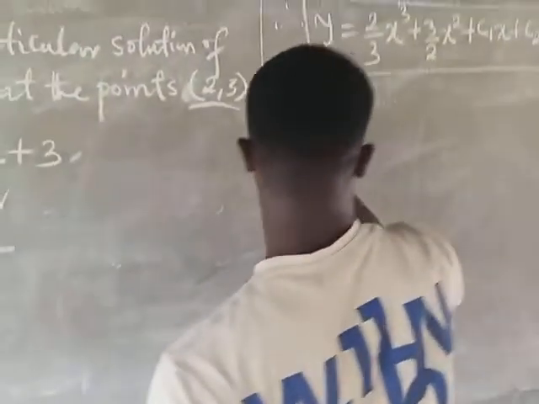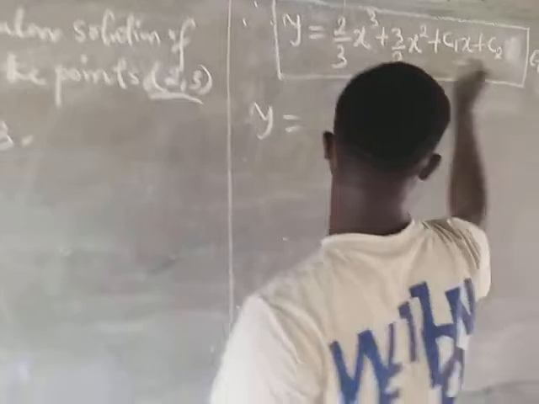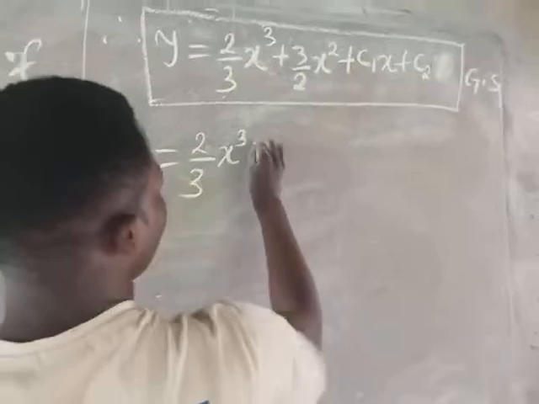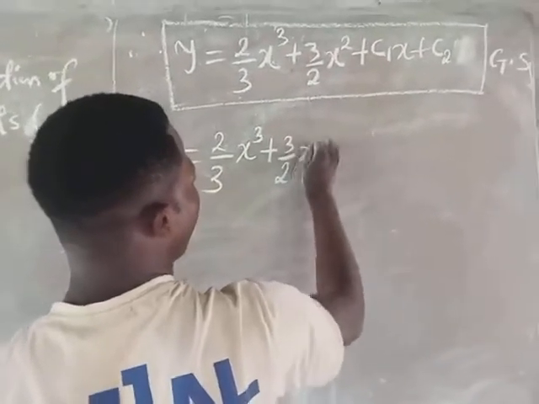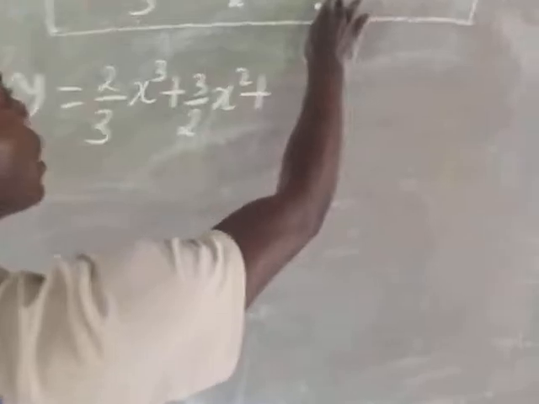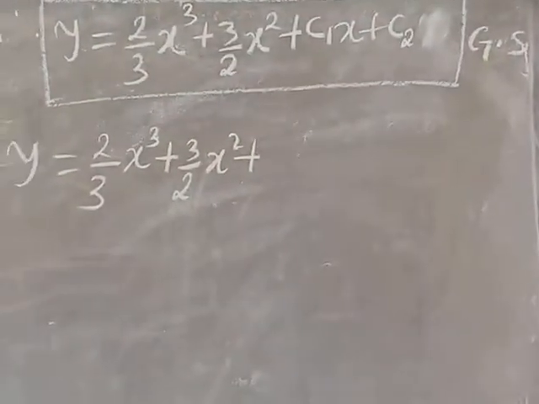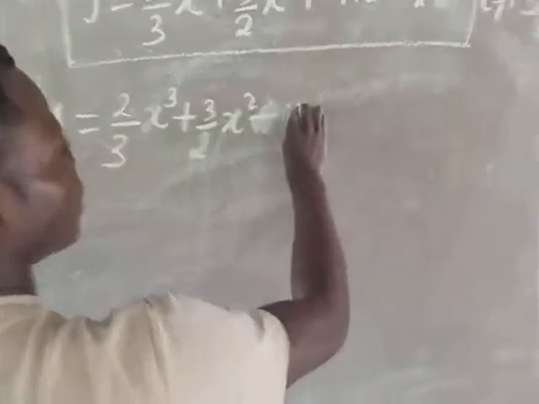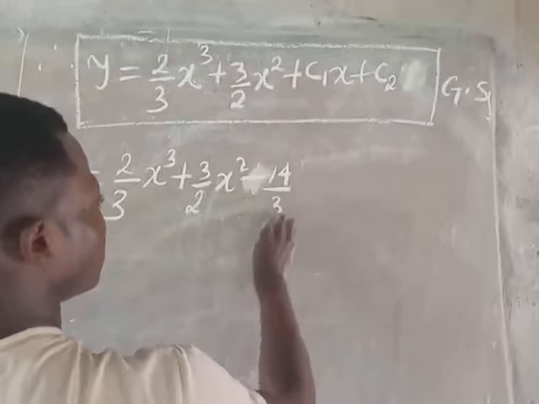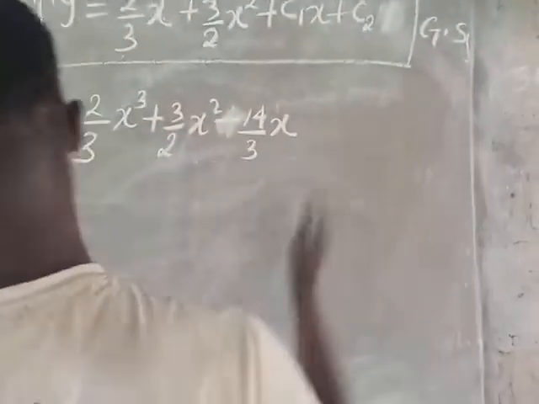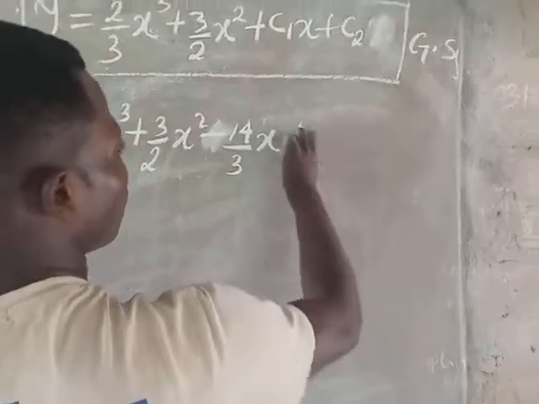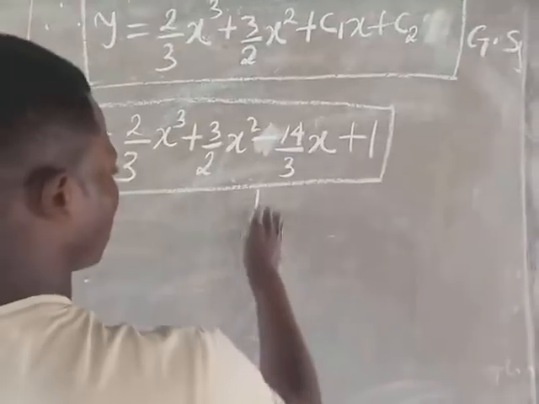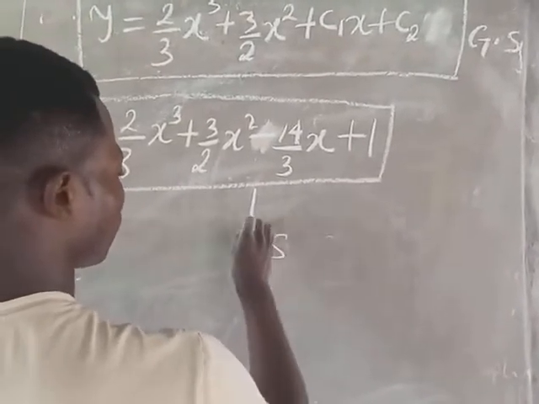And for our particular solution, we put the values of c1 and c2. We are going to have 2 over 3 x cubed plus 3 over 2 x squared, then plus, our c1 is minus 14 over 3, so minus 14 over 3 x. Then our c2 is 1, plus 1. This is our particular solution.